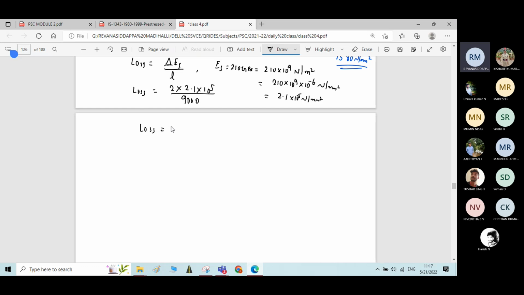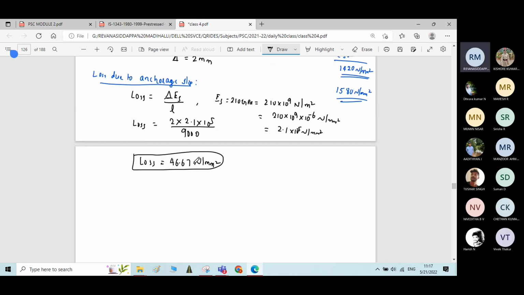Check the answer. 46.67 Newton per mm square. Now this loss due to anchorage slip is 46.67 Newton per mm square.